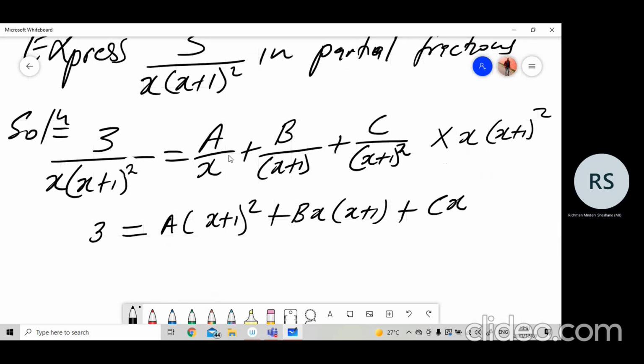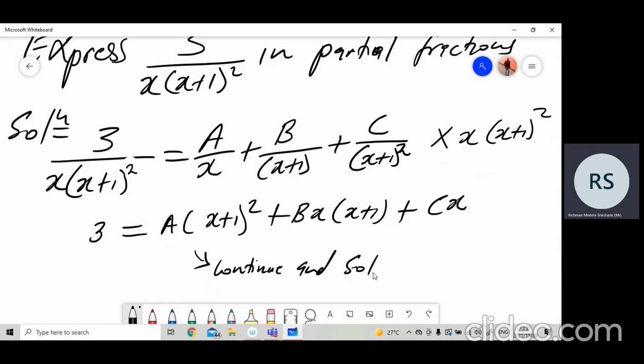Please continue and solve for a, b, and c.